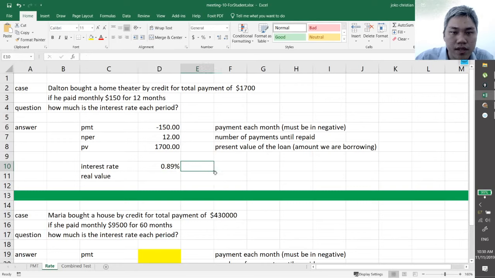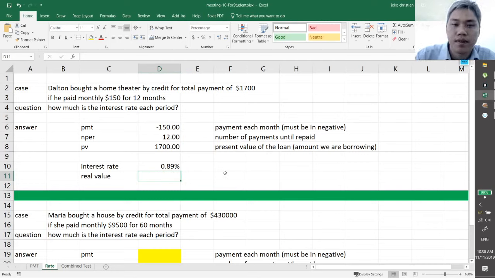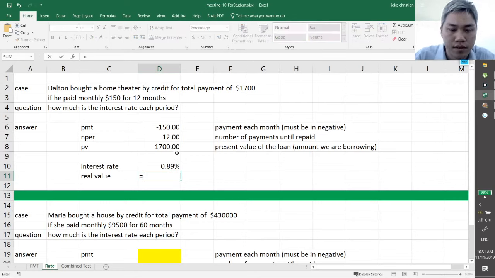Oh, I'll just calculate this. 0.89% means we have almost 1% there, and I'll just put 1,000 as still in percentage. 1,700 divided with the interest rate multiplied with 12, something like that.